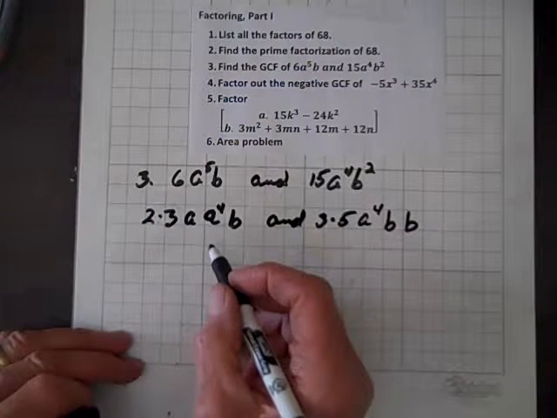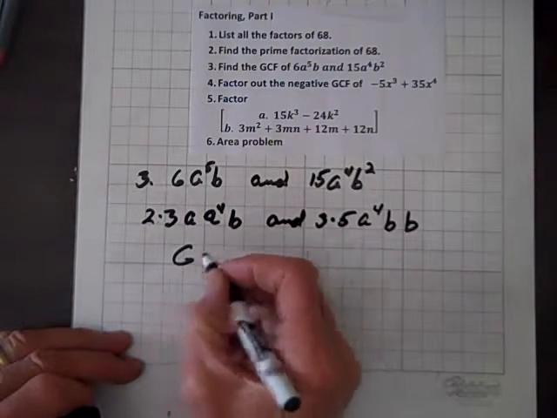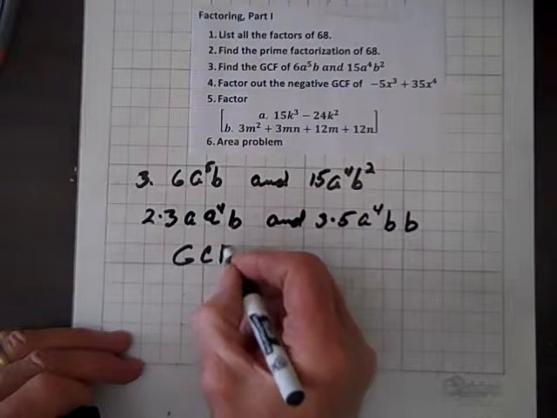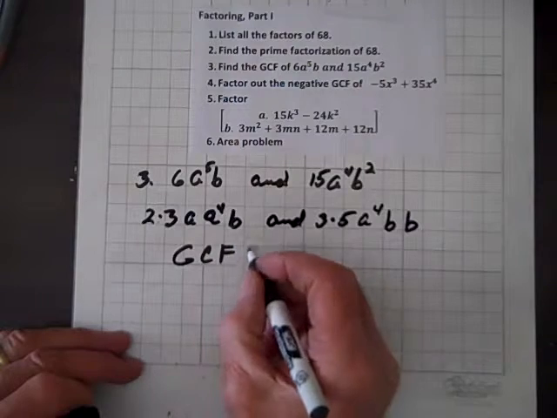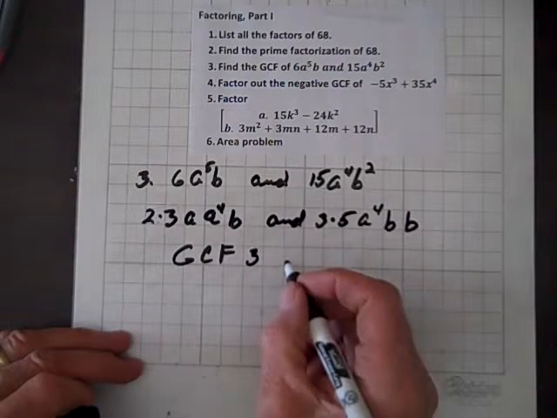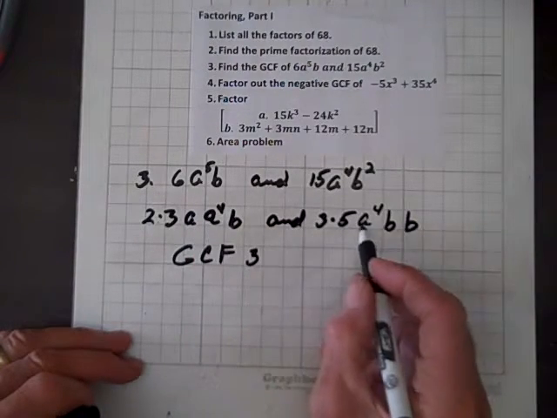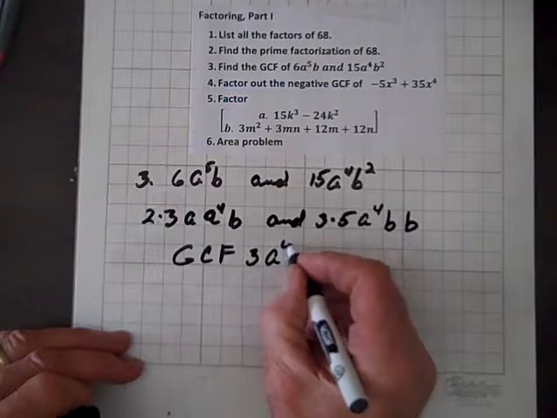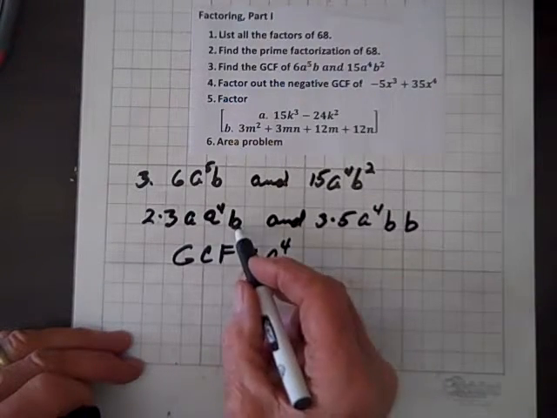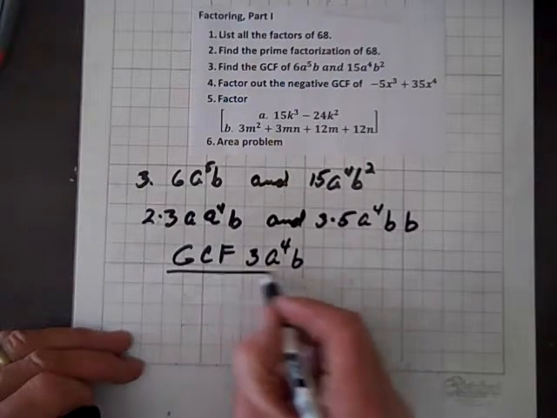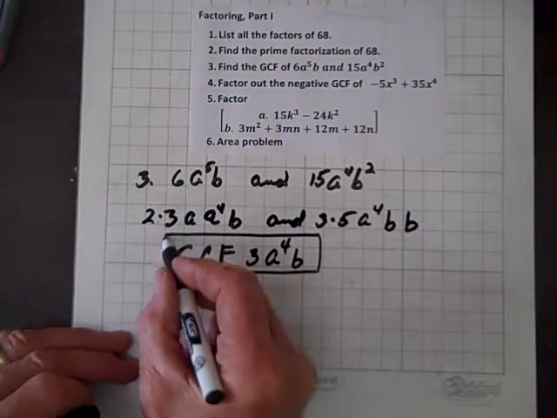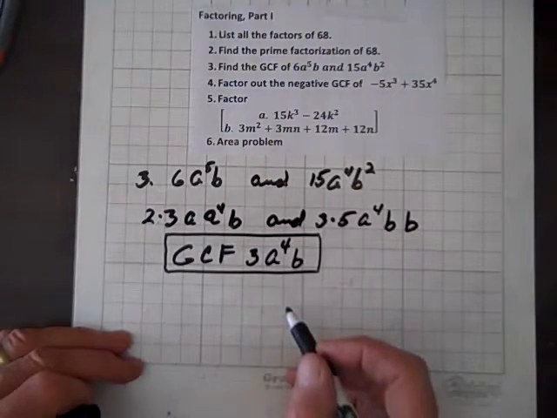So now I think we can pick out the greatest common factor, and notice 3 is common to both, so we can install that 3. A to the 4th is common to both, so we can install that. And finally, b to the first power is common to both, and there's our greatest common factor, and we're done.